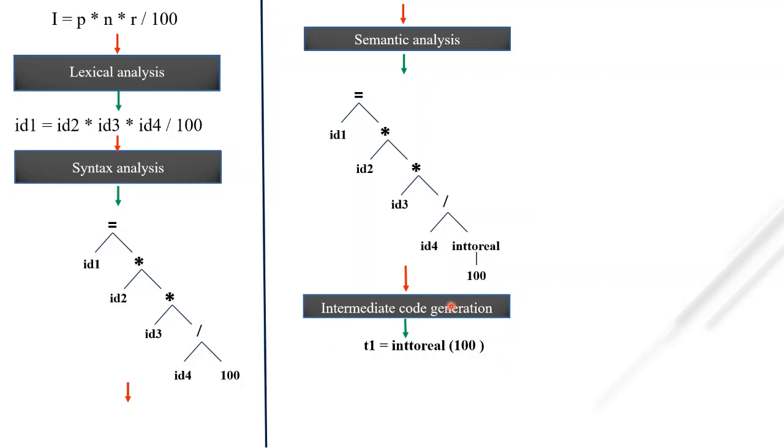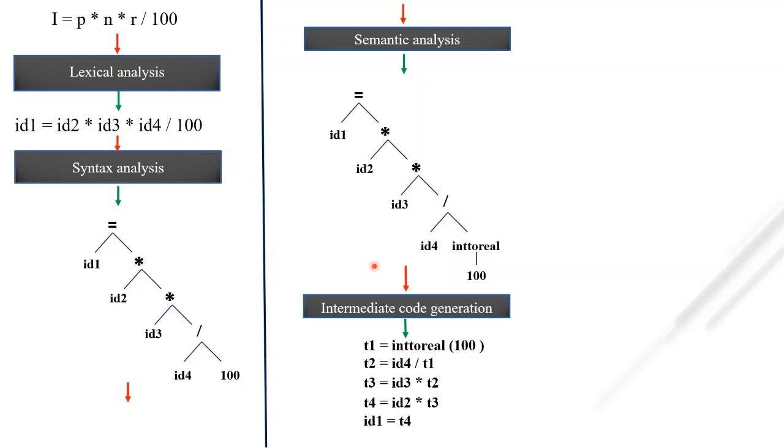So T2 equal to ID4 divided by T1, and the answer is stored in T2, that is temp2. Now ID3 is multiplied by the answer stored in T2 and assigned to T3. Next, ID2 is multiplied by the answer stored in T3. And the answer of the expression, which is stored in T4, is assigned to ID1.